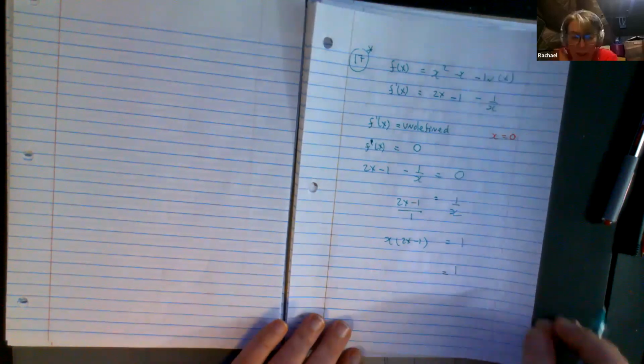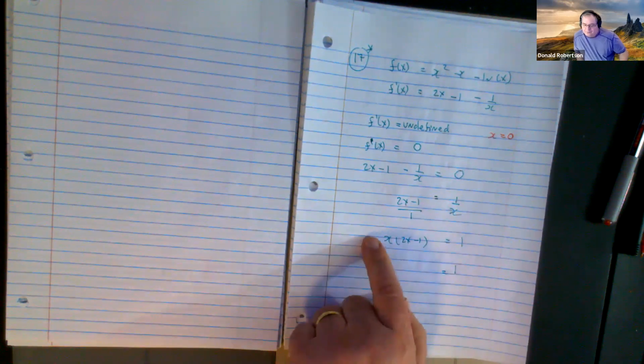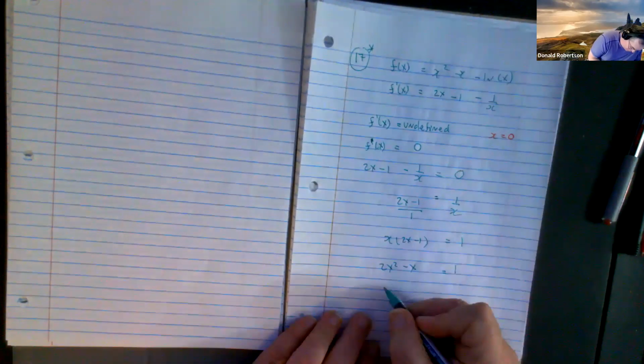Anybody want to take us to the next step? What should we do next? I think we're already there. Well, almost, but don't try solving it yet. You still have a little bit more work to do. What should we do with this left-hand side? Looks like we'll have to FOIL it. Correct.